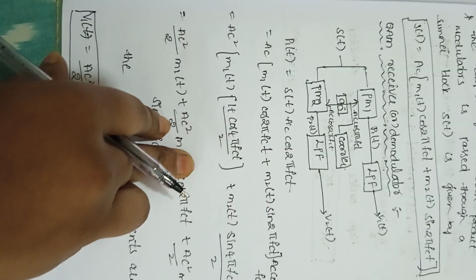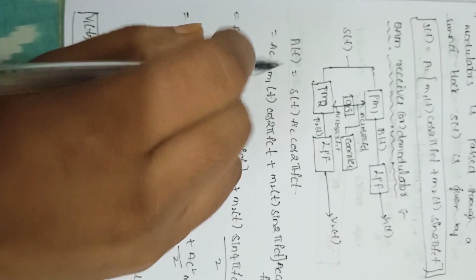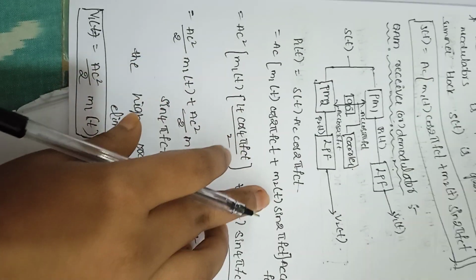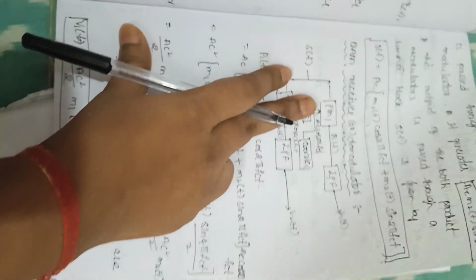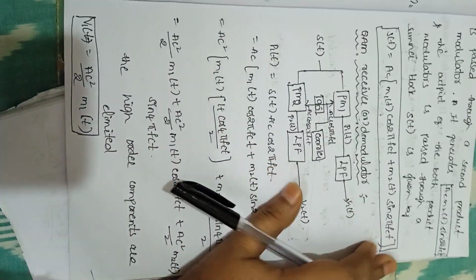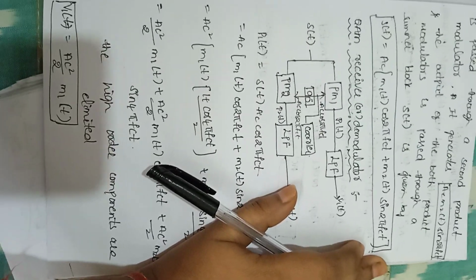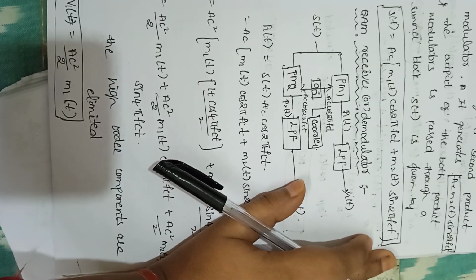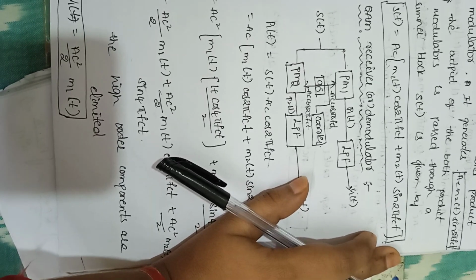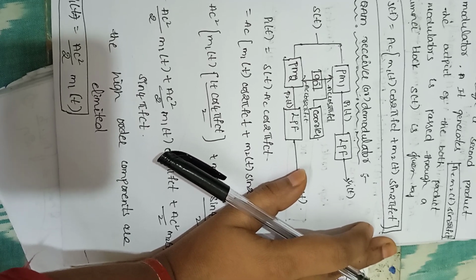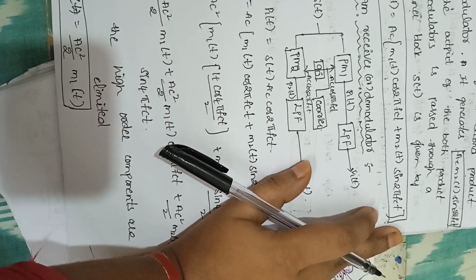Then we move to the QAM receiver, which is also called the demodulator or detector. The QAM receiver is the same as the transmitter. Here we are using PM1 and PM2, the two product modulators, with a 90 degrees phase shift carrier Ac cos 2 pi fct, and one with zero phase shift, followed by an LPF.